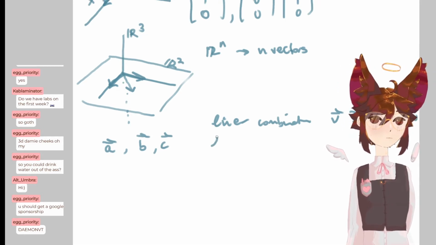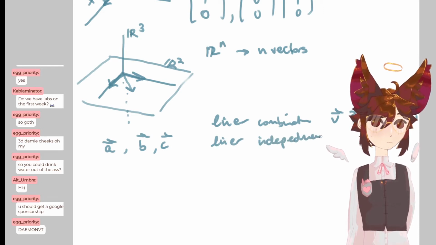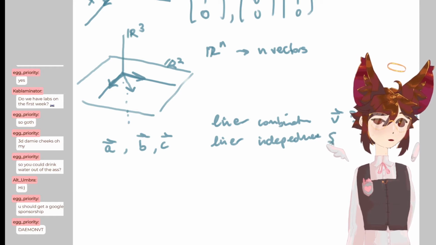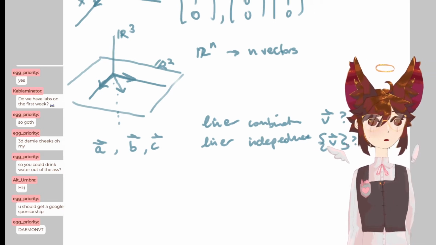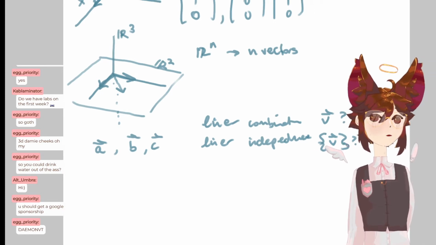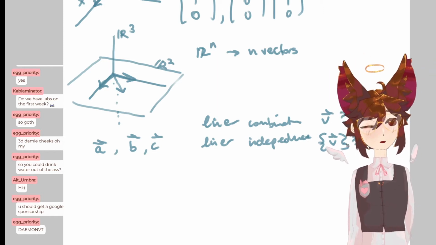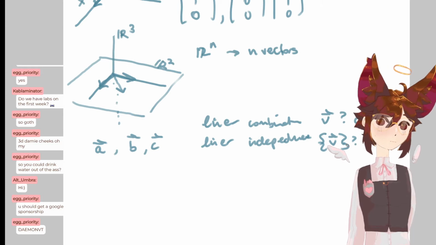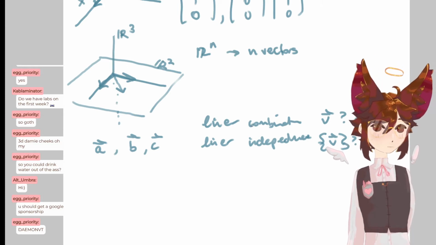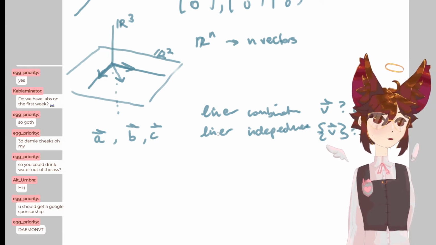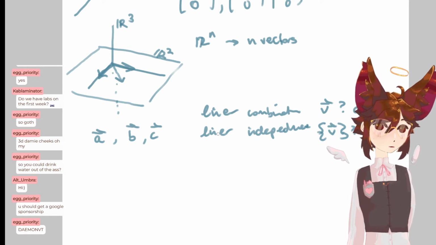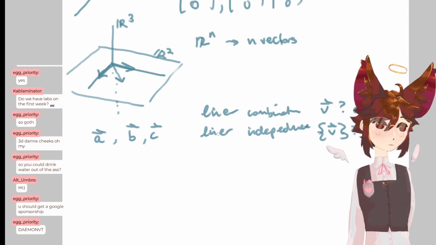But now we're going to talk about linear independence, which is asking about a set of vectors, whether they are or aren't linear combinations of each other. If they are, that's a linear dependence. If they aren't combinations of each other, that's linear independence. And that means we have 3 vectors, or n vectors, that tell us n different pieces of information.